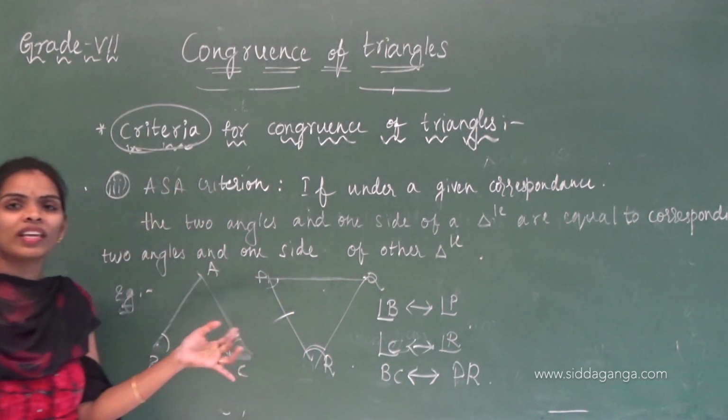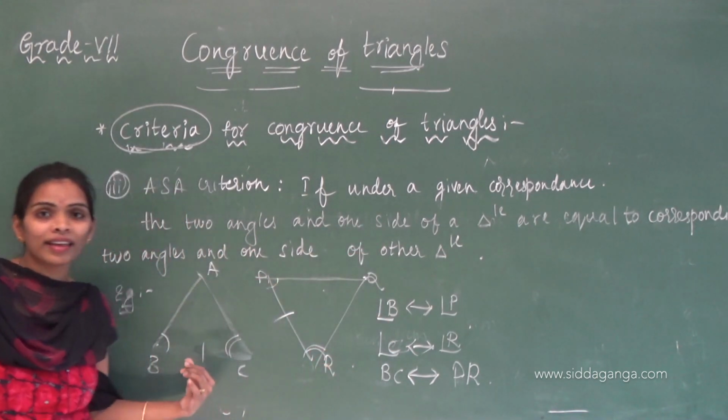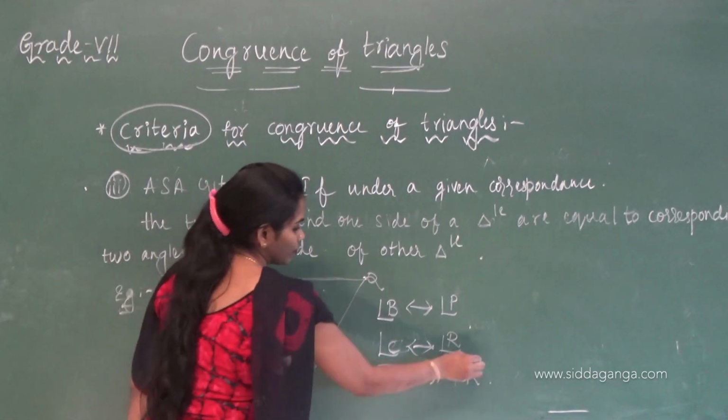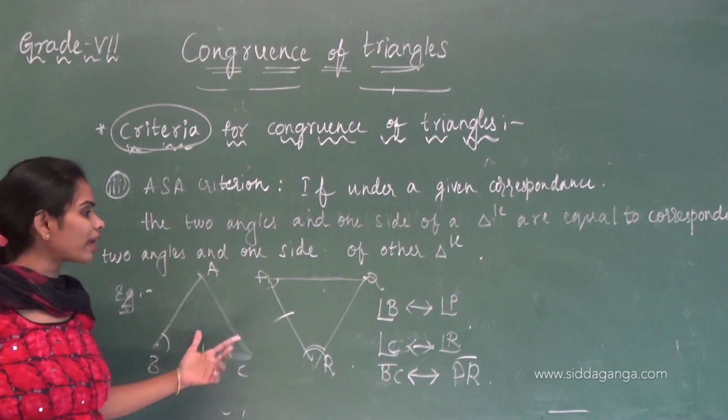Here it is satisfying the property: two angles and one side of one triangle are equal to two angles and one side of another triangle, so we can tell that the two triangles are congruent.